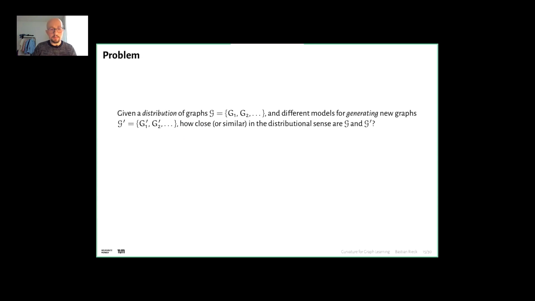This might sound a little bit constructed or artificial, but it actually is a very important problem in numerous application areas. For instance, in drug and molecule design, where it's always important to take, for instance, a database of drugs and molecules where you already know that they work, and now you want to train a machine learning model to generate new ones. Similar to these large language models that are supposed to generate new texts or new poetry or whatever, you also want to have new generative models that might lead to new drugs, new molecules, and so on.